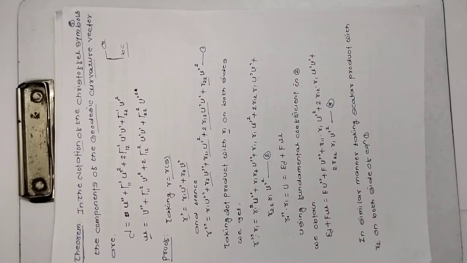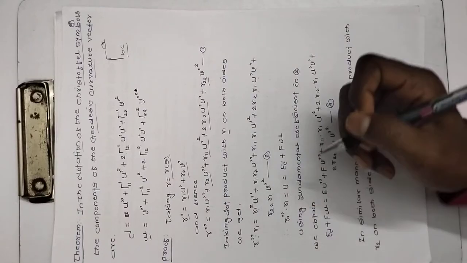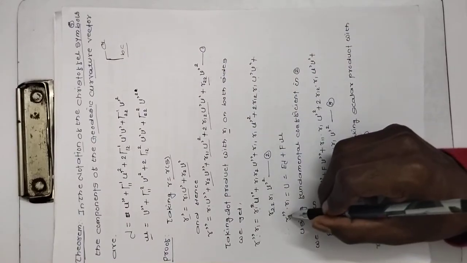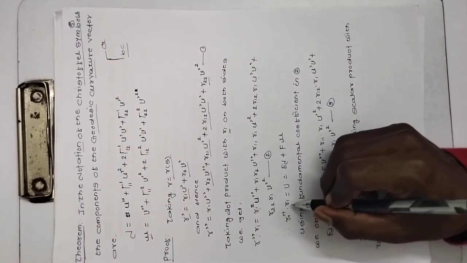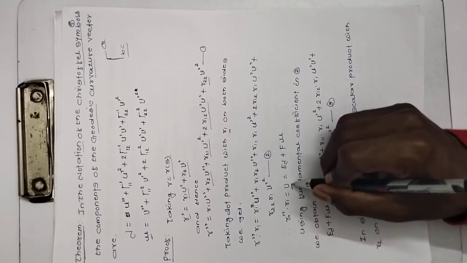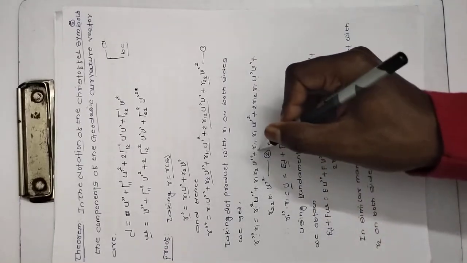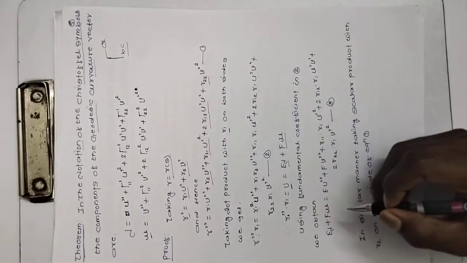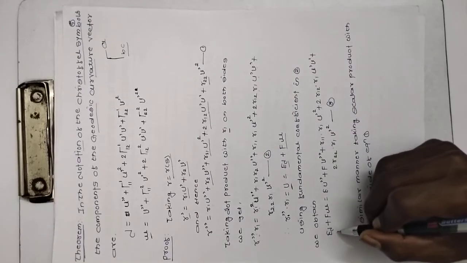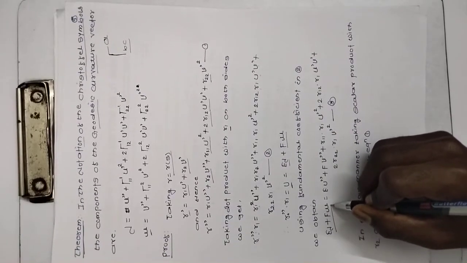And by using the fundamental coefficients, r double dash dot product with r1 gives E lambda plus F mu.